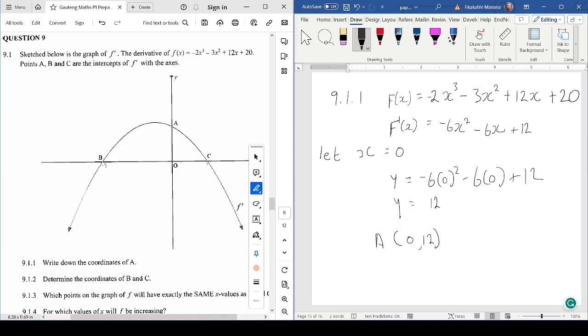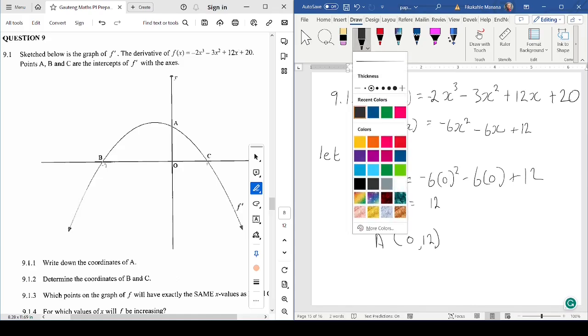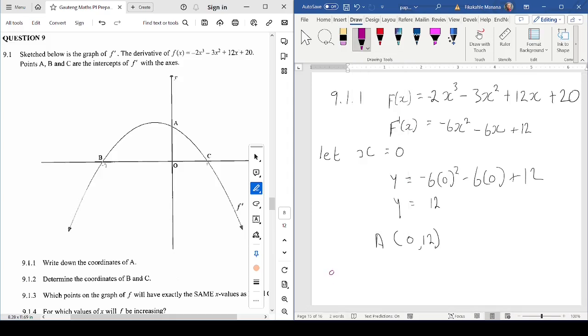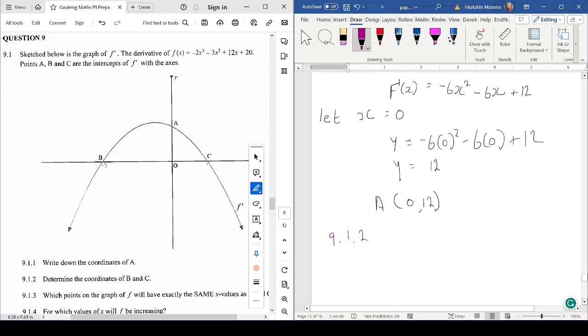Okay, so once again, we do know that for 9.1.2, that function is y equals minus 6x squared minus 6x plus 12.